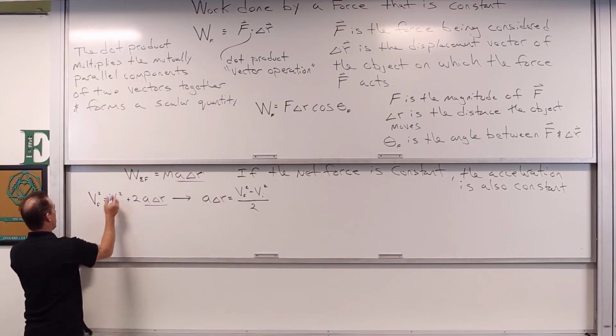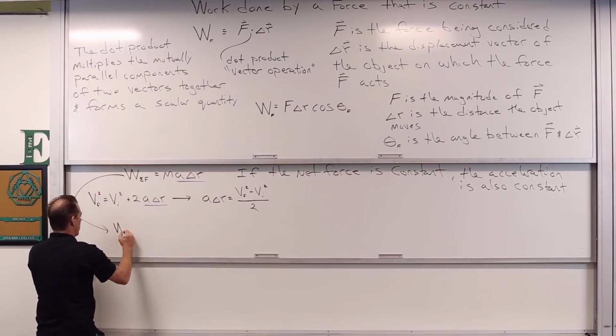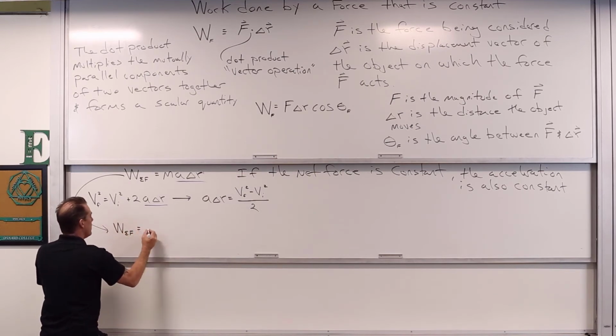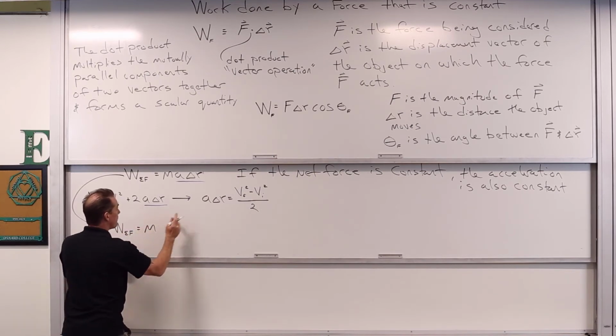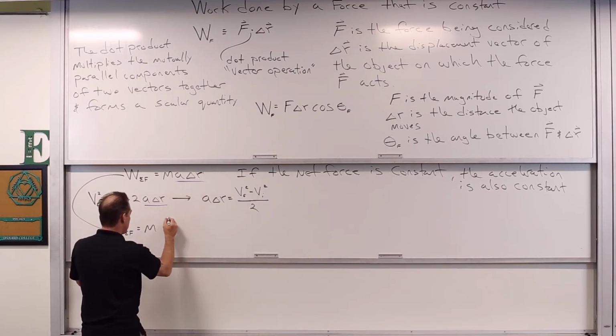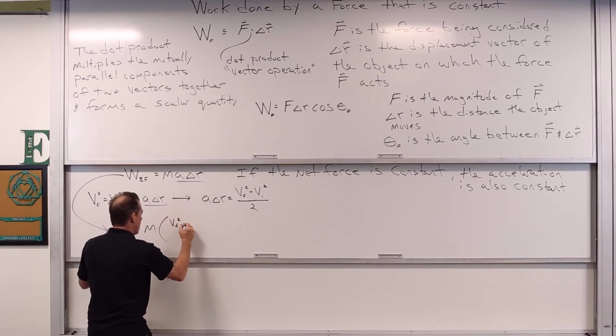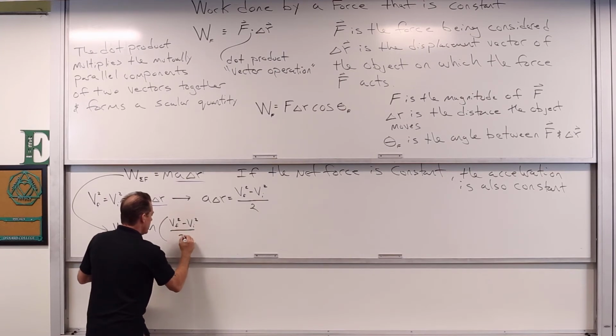So now we can write the work done by the net force is equal to the mass multiplied by A delta R, which is V final squared minus V initial squared divided by 2.